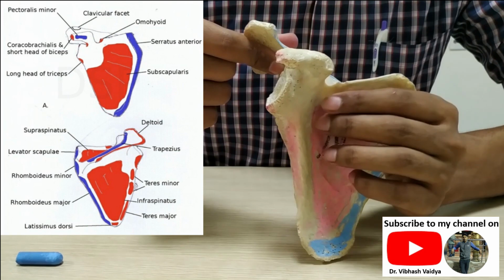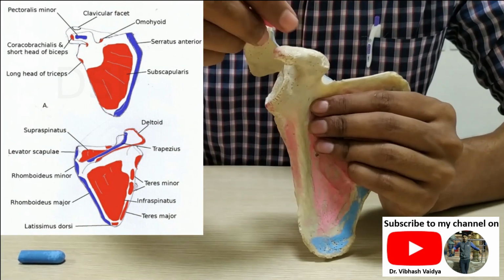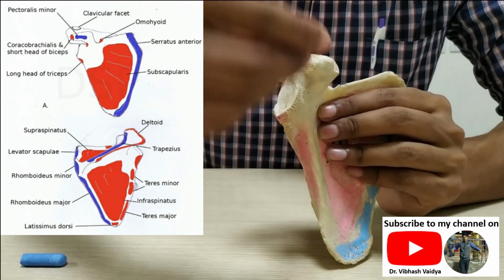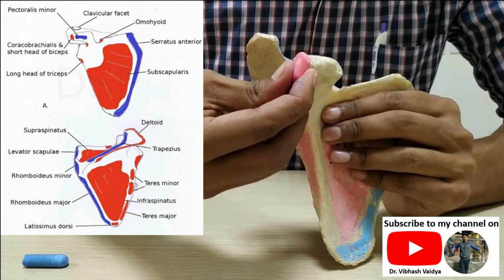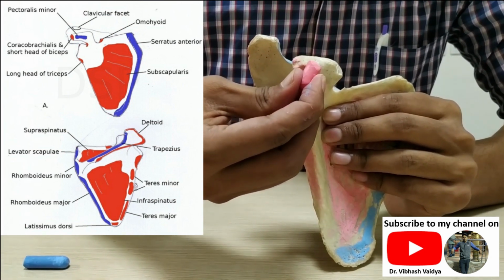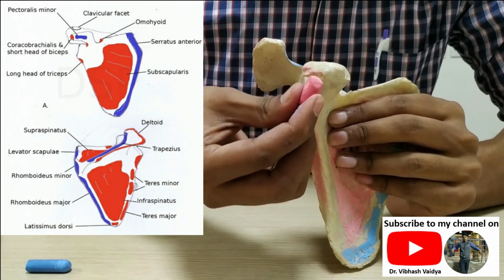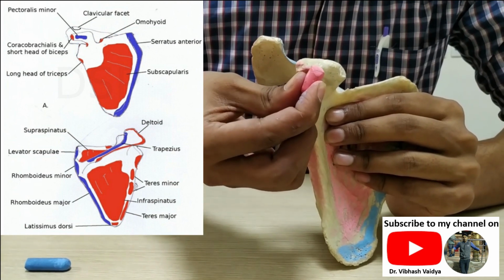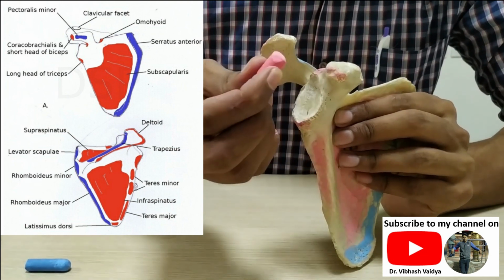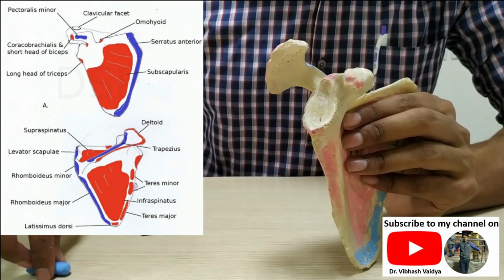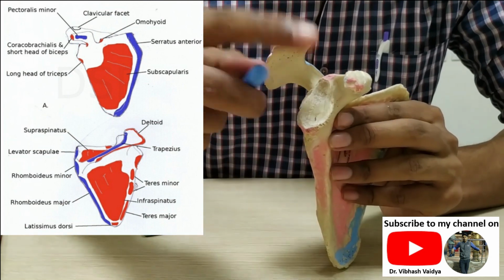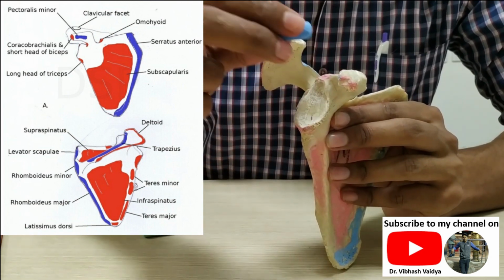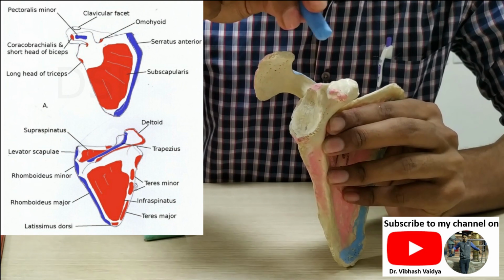Then the coracobrachialis muscle arises from the medial part of the coracoid process, and from this portion we have the origin of the coracobrachialis muscle. And the pectoralis minor is inserted over the medial border of the superior surface of the coracoid process.